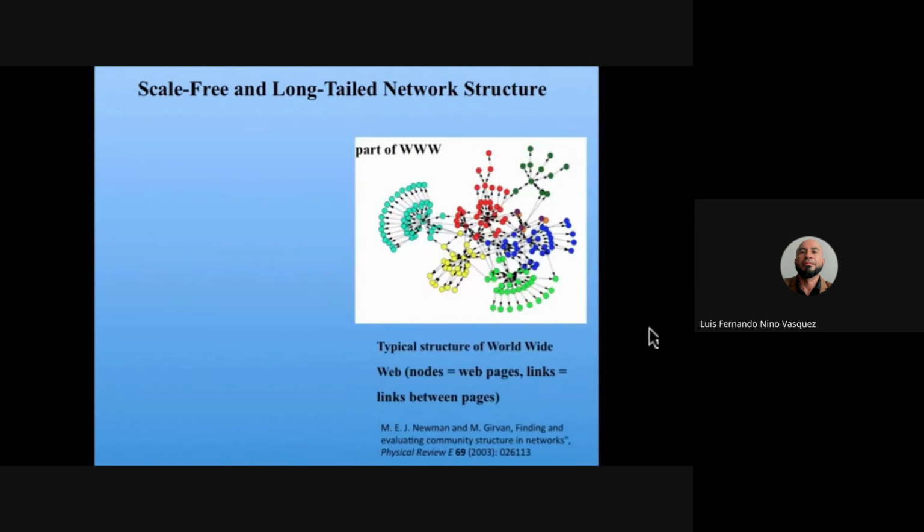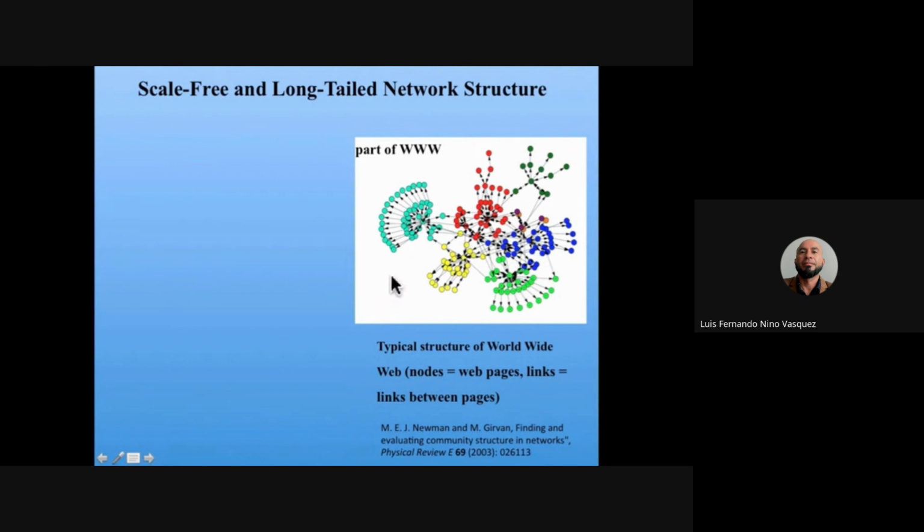Here's a picture of the typical structure of parts of the World Wide Web, where nodes here are web pages and links are links between pages. And you can see that they're directional, that one page links to another page, but not necessarily in reverse. And you can also see that there are hubs in this kind of network, pages that link to many other pages. And there are also hubs that are pages that many other pages link to, like right here.